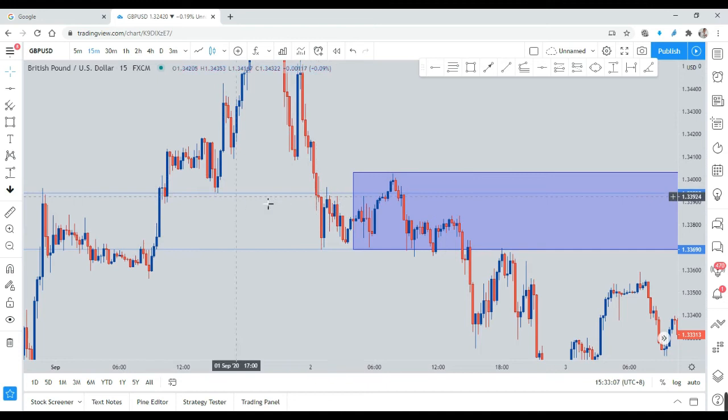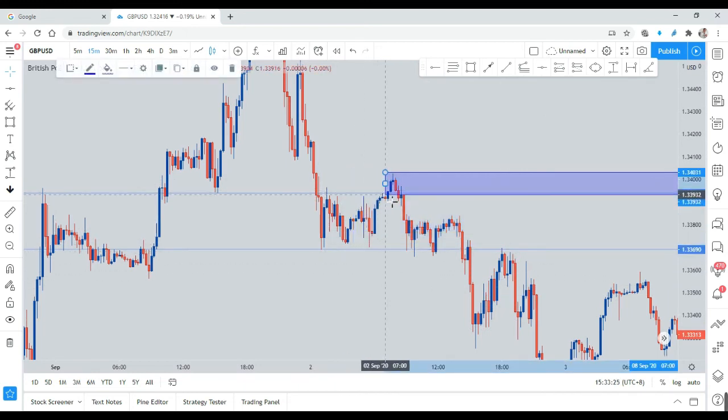Meaning that this area has a very strong resistance. It came back down, went back up, rejected. Then suddenly there is nothing. The price went back up and then came down all the way. So to me, this is a very clear area.